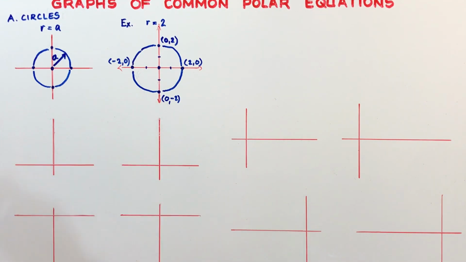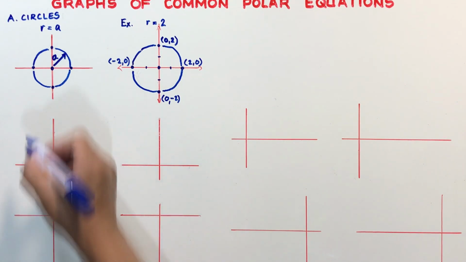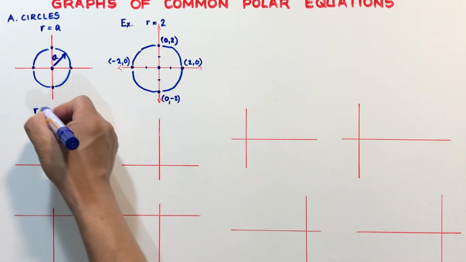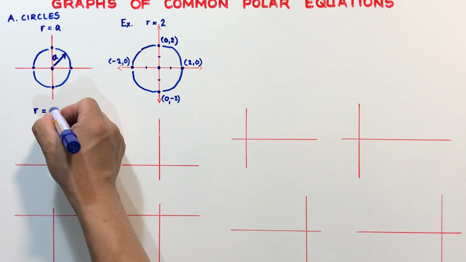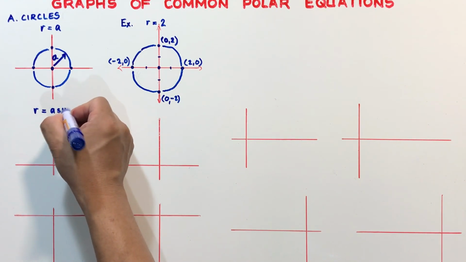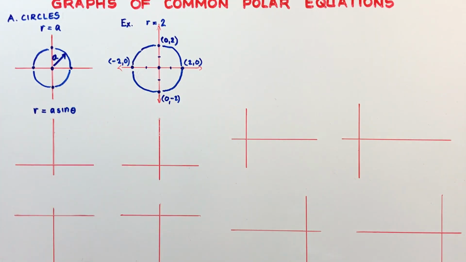Now what if our circle is a circle whose center is not at the point of origin? We can have such a circle generally as r = a sin θ.